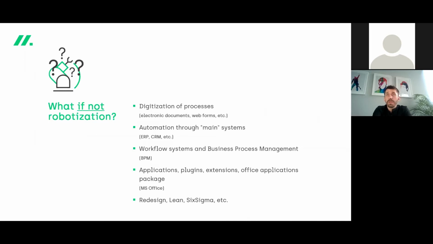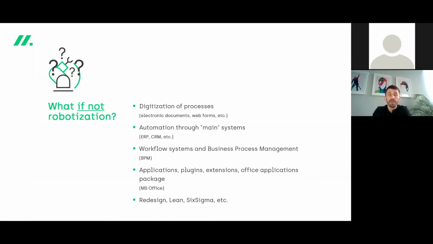Before we implement our software robots, we suggest to consider other technologies and other techniques. As I said before, robots can be really complex, but robots are not for everything. If there is a chance in your company to use other technology, we should consider it before using robotization.